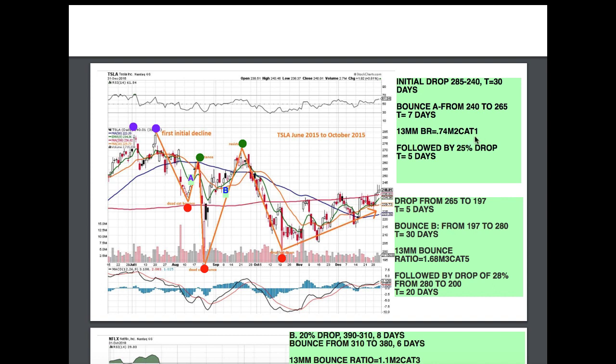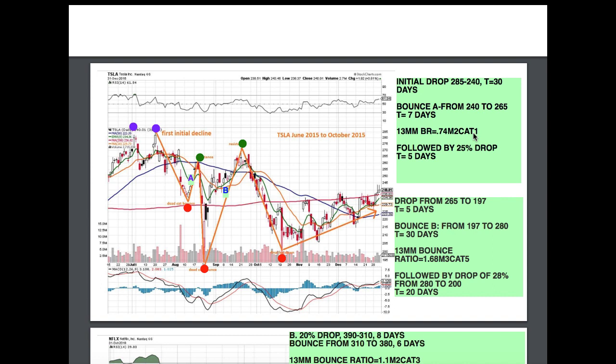Now, generally speaking, the greater these numbers are, if you had a magnitude 3, 4, or 5, and if you had a category bounce like 3, 4, 5, the higher these numbers are, the bigger the upcoming drop. Generally, when we refer to the indexes, the drops in the indexes could be smaller than the drops in actual stocks.